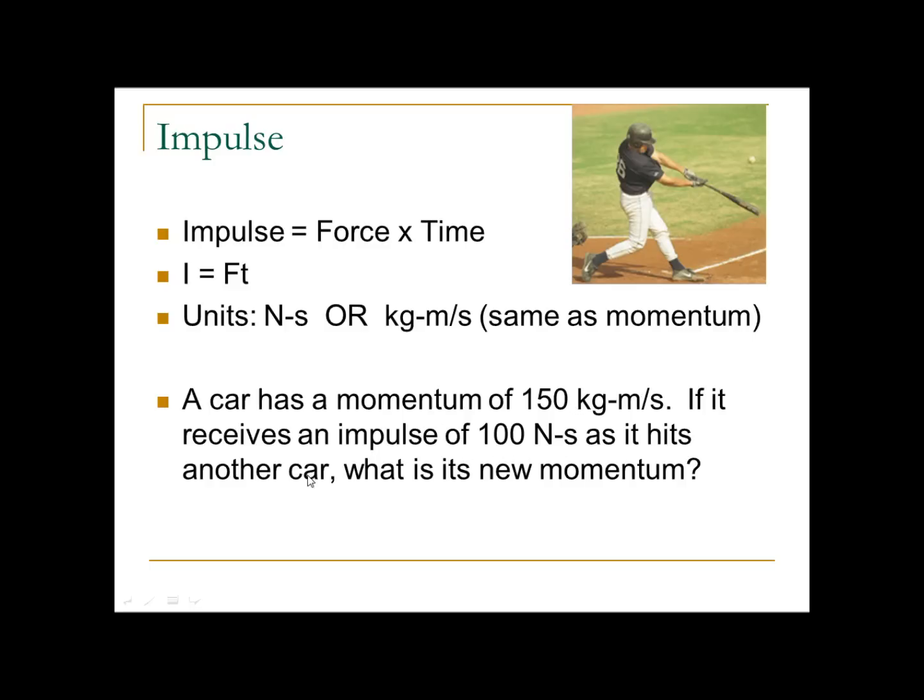Since it's hitting another car, we're going to assume it is decreasing the momentum. So if it starts at 150, feels a change of 100, then the new momentum would be the difference between these two, 150 minus 100, which would be 50 kilogram meters per second. So it would have a new momentum of 50 kilogram meters per second.